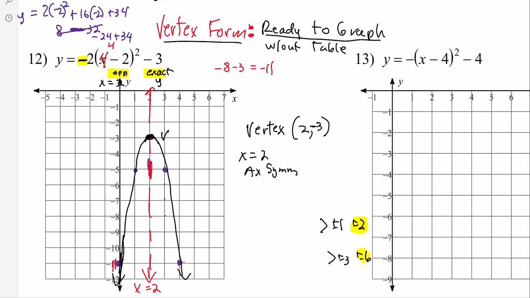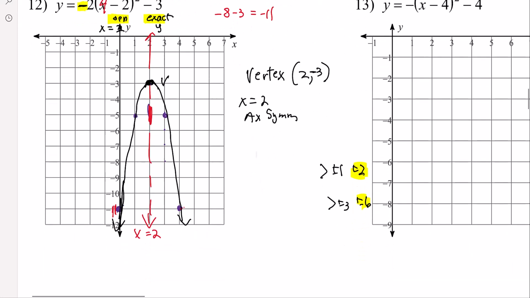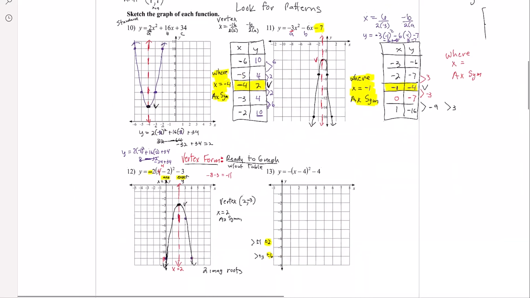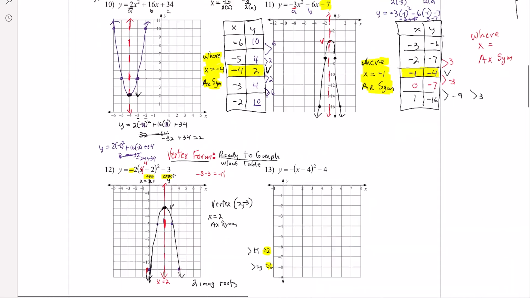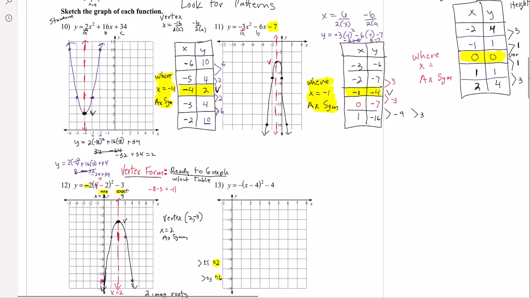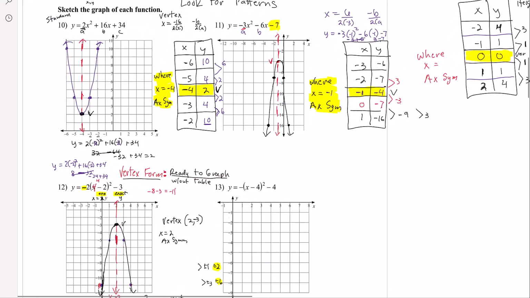And then look at this graph will not cross the x-axis. So this quadratic has 2 imaginary roots. Okay, graphing in vertex form using a pattern, and using patterns when you're graphing just standard quadratics.